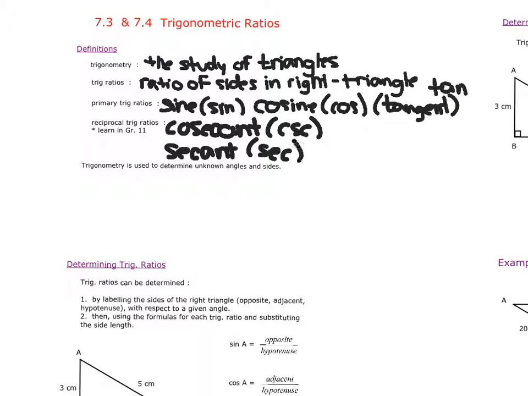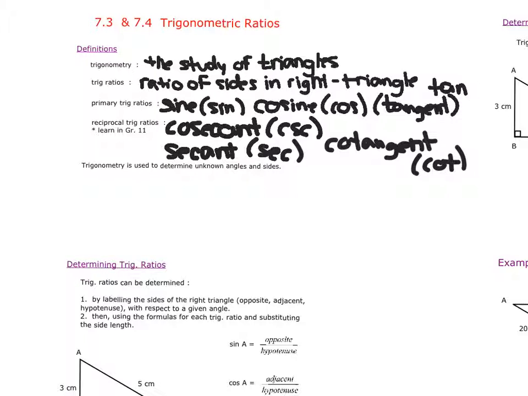And the third one of the ones that you'll learn next year is cotangent. Again, they're not as important as SOH, CAH, and TOA, which we'll be going over. You don't really need to memorize that information or anything. You'll understand it once we get going.